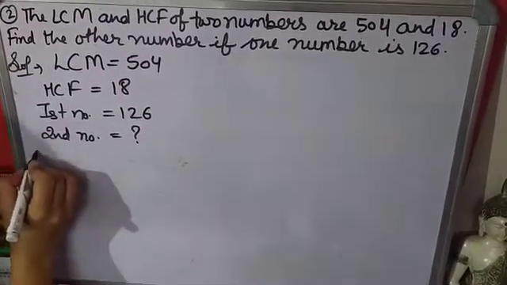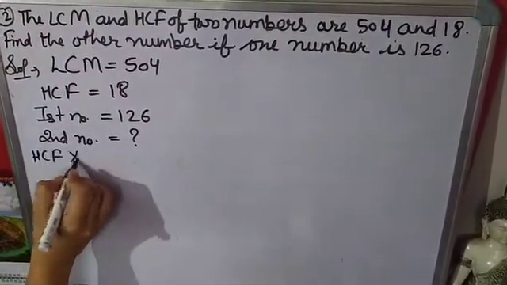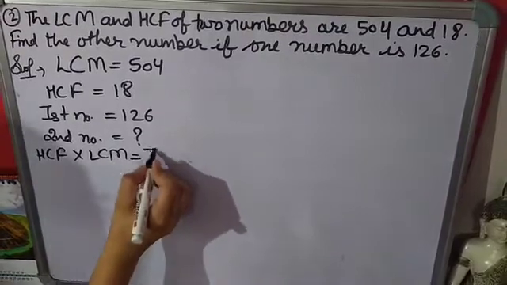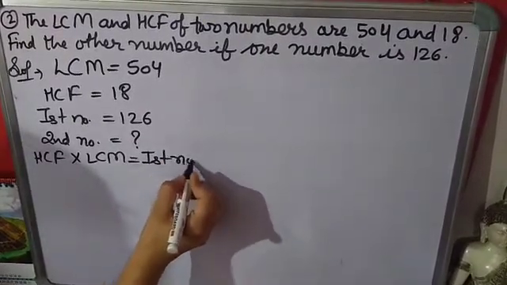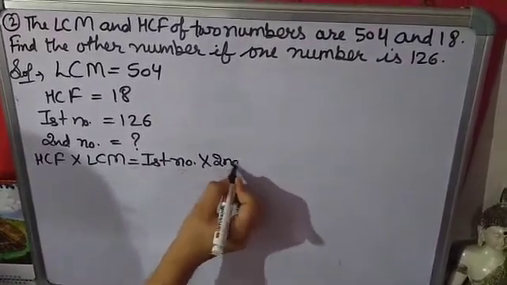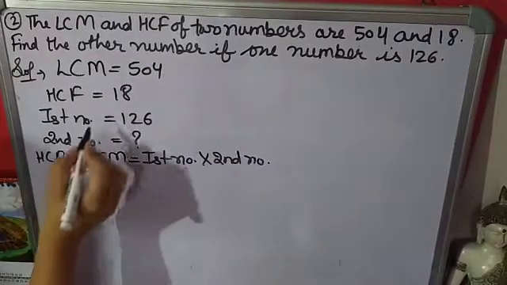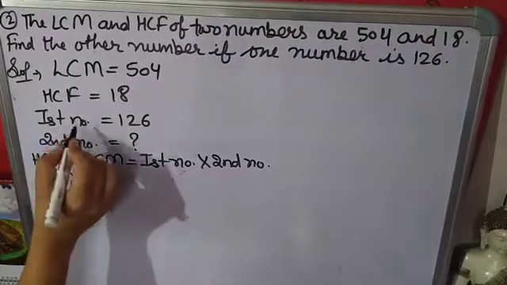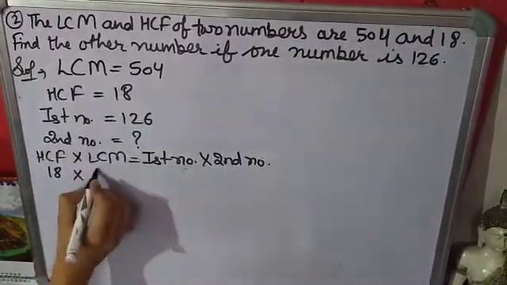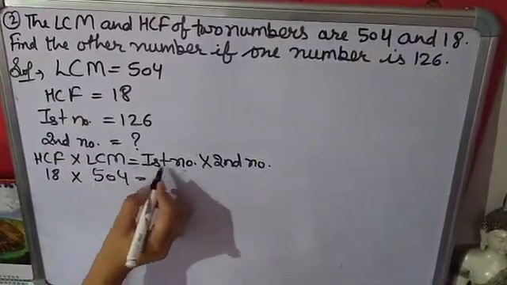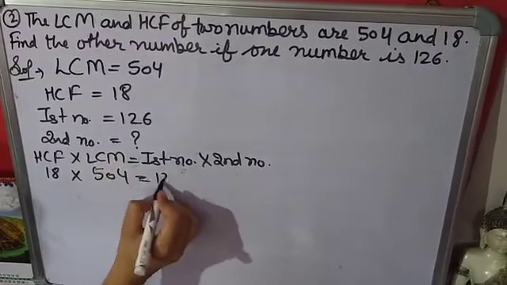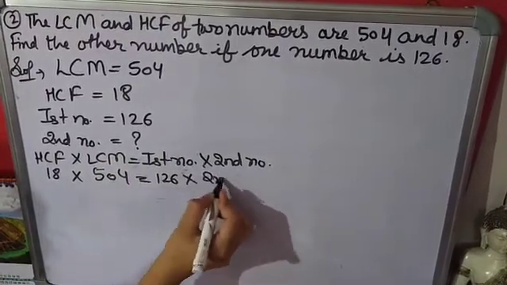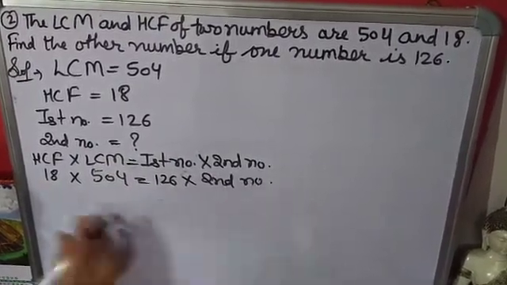So write down the formula. HCF multiply LCM is equal to first number multiply second number. Now put the values. HCF is 18, so instead of HCF we will write 18. And instead of LCM we will write 504. First number is 126. From here you have to find second number.